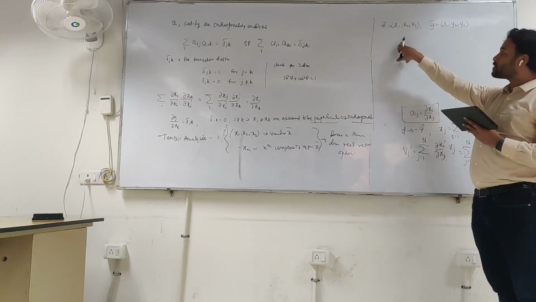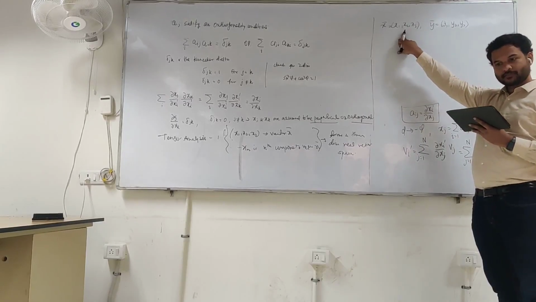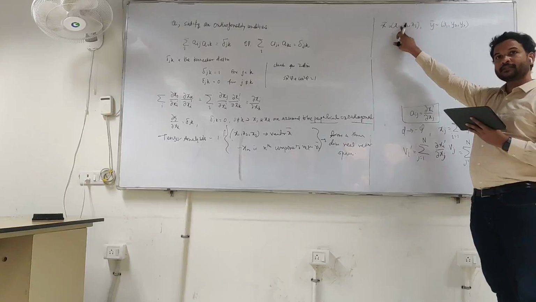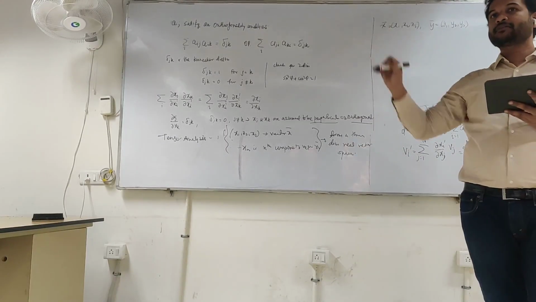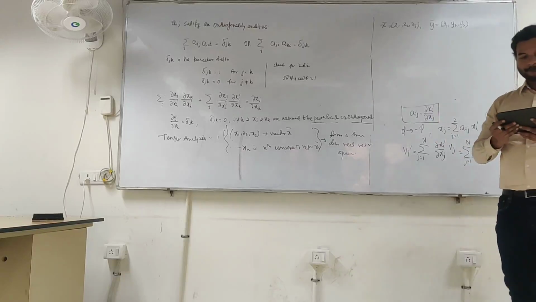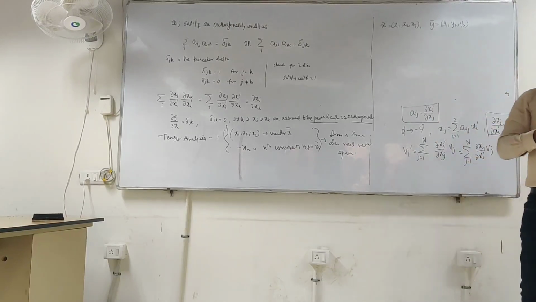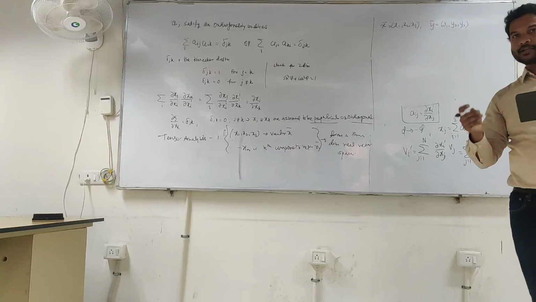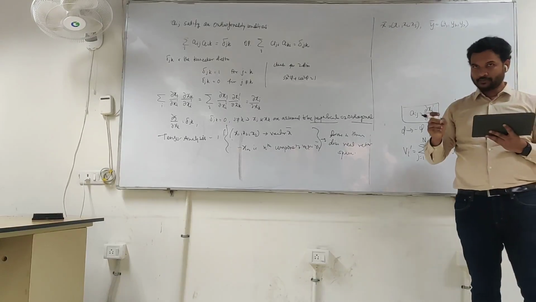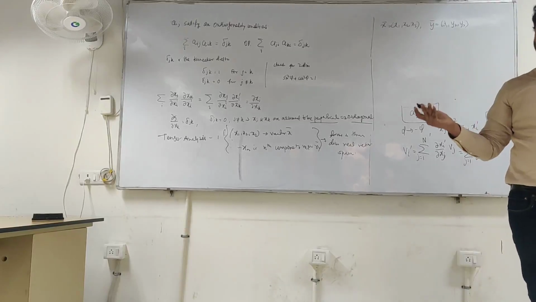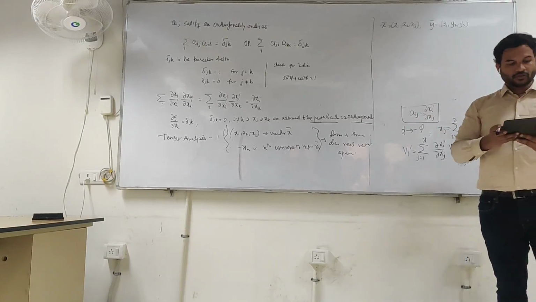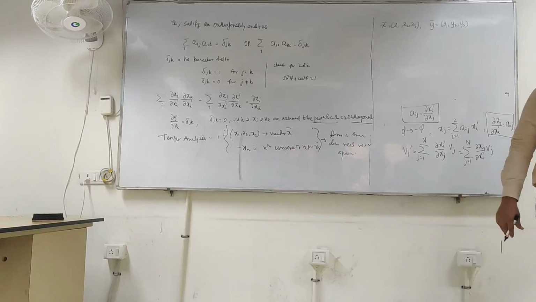Scalar multiplication means you multiply the scalar with each component. Then you have the negative of the vector, which is like multiplying the vector by negative 1. There is a null vector, meaning the zero vector. So these are some of the properties of our vectors.